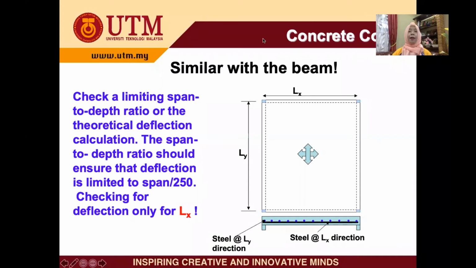Now, it's not the concrete cover actually. This is the check for the deflection.